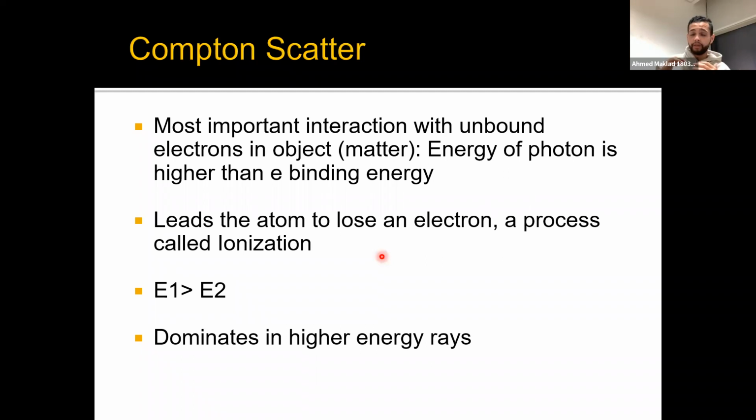In the body, the general radiation will knock out one electron, so your atoms will lose electrons because of the Compton scatter, which is bad. When you lose electrons as humans, this is damage to us. This is what we call ionizing damage. You alter your DNA, with higher chances of cancer, higher chances of necrosis, stuff like this.